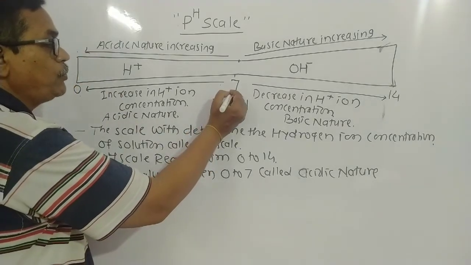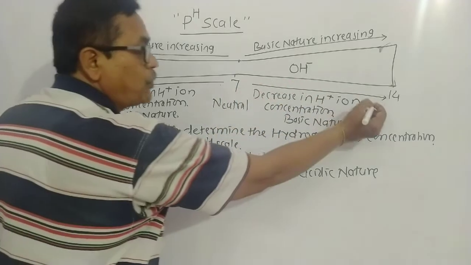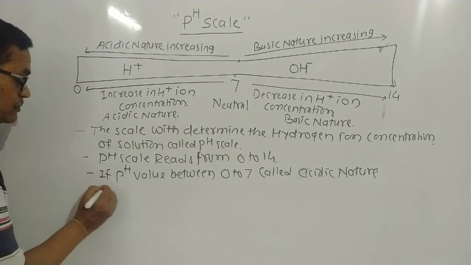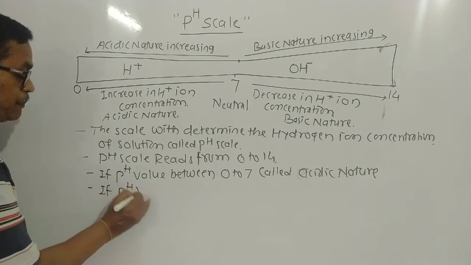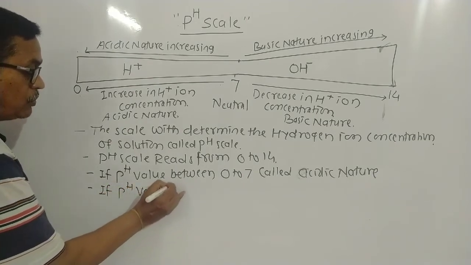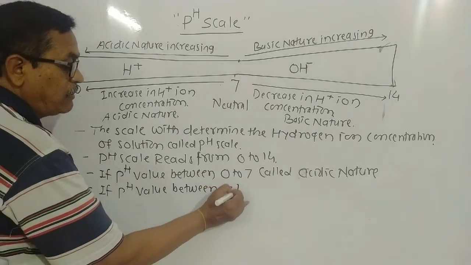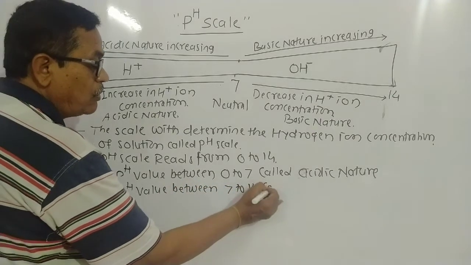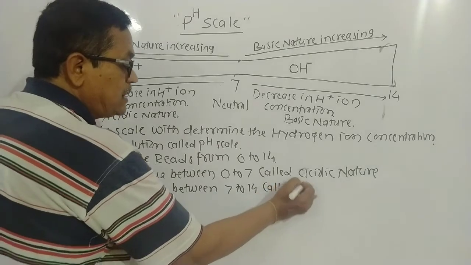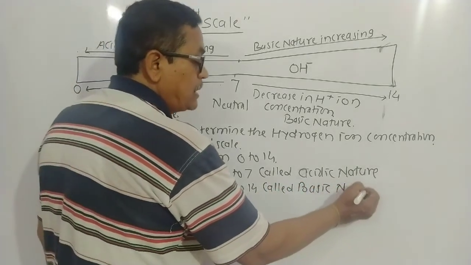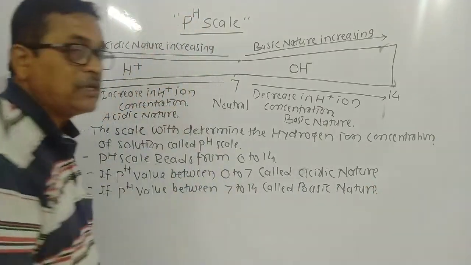Dear student, what is the meaning of 0 to 7? It means 0 to 6.99, that is called acidic. 7.1 to 14 is basic. And if the pH value is exactly 7, then the nature of the solution is neutral.